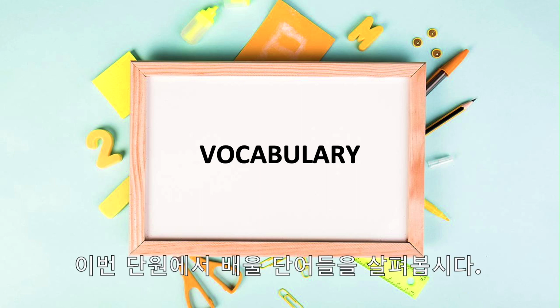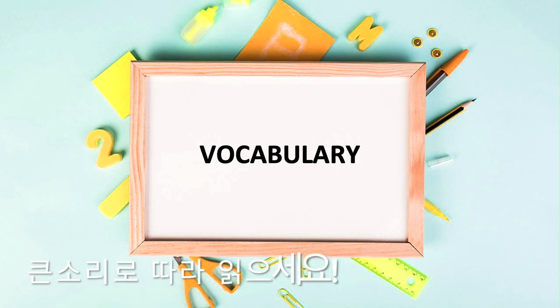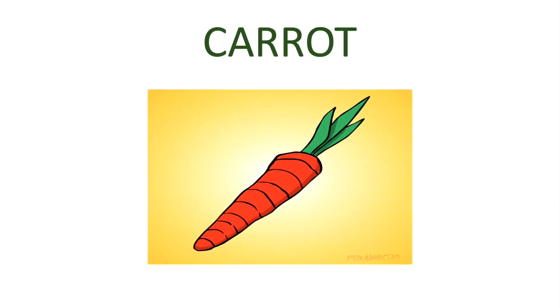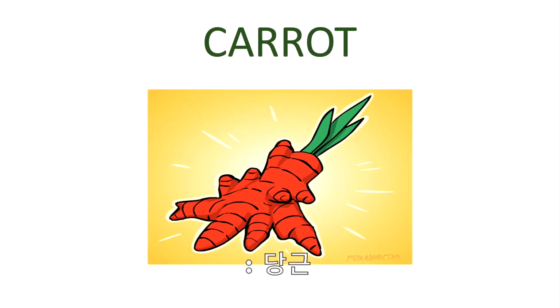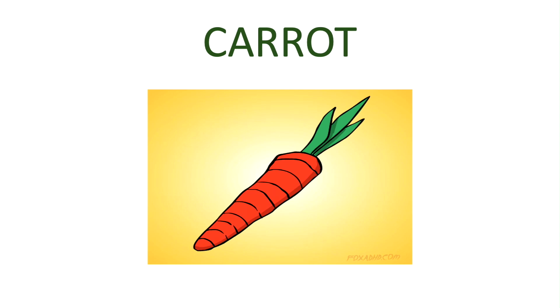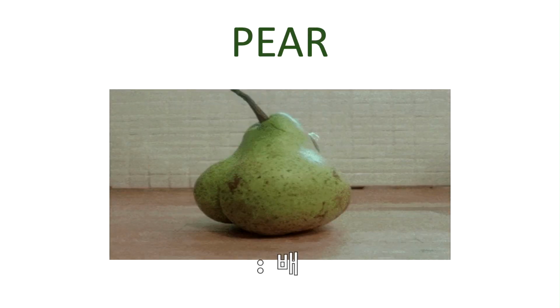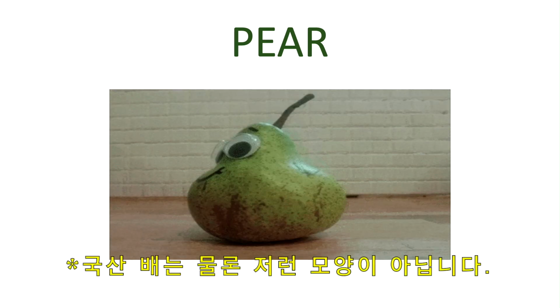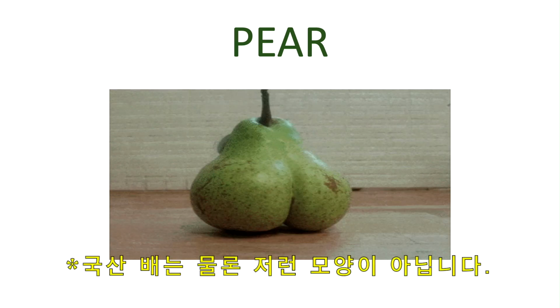Let's see the vocabulary of this new chapter. Read together. Apple, apple. Carrot, carrot. Pear, pear. In Korean, pear doesn't look like that, you know.